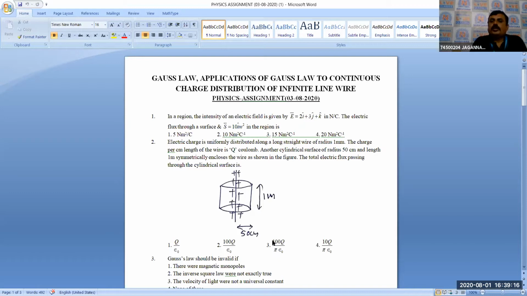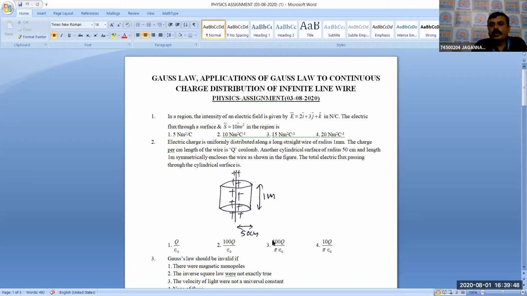In a region, the intensity of an electric field is given by E bar equal to 2I cap plus 3J cap plus K cap in Newton per Coulomb. The electric flux through a surface S bar equal to 10 I cap meter square in the region East.